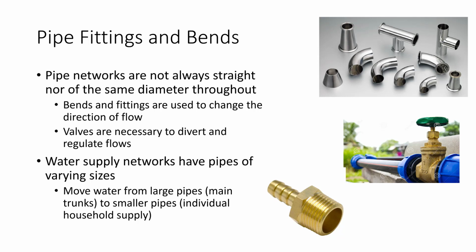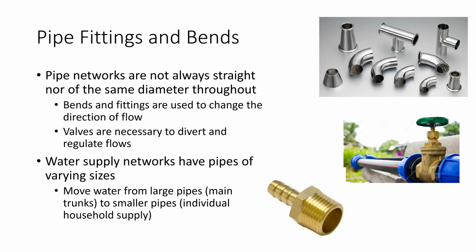Similarly, in a wastewater network, we have smaller pipes that move wastewater out of individual households, and they're all connected into a larger pipe or the main trunk line, from which water is moved to the wastewater treatment plant.